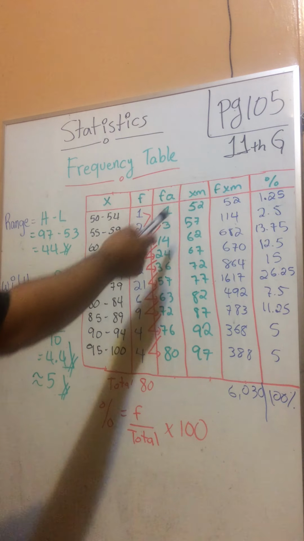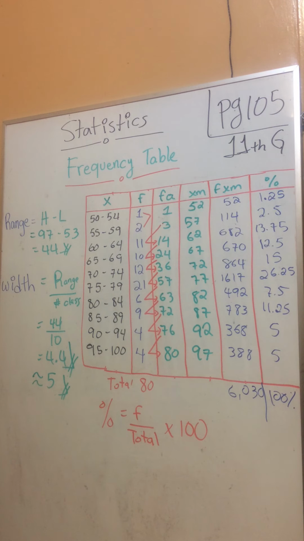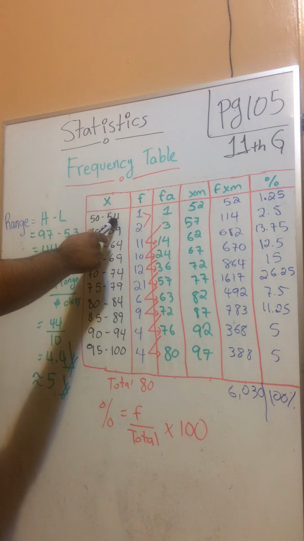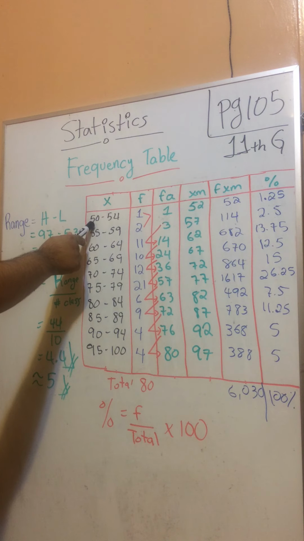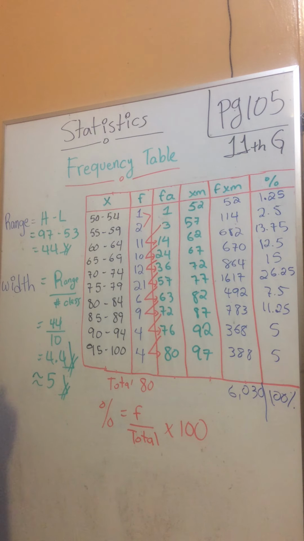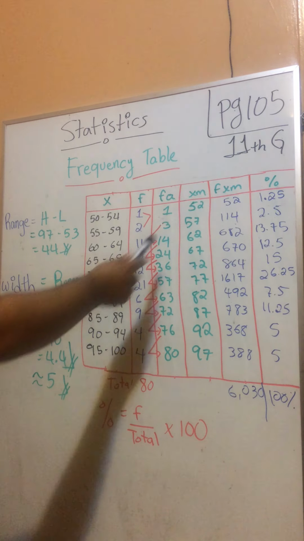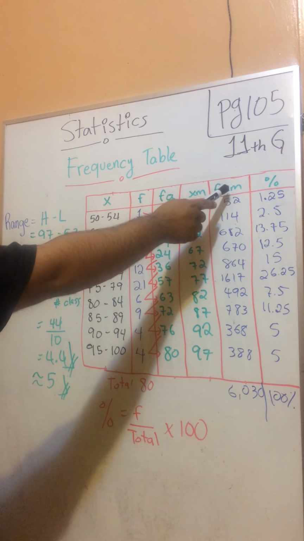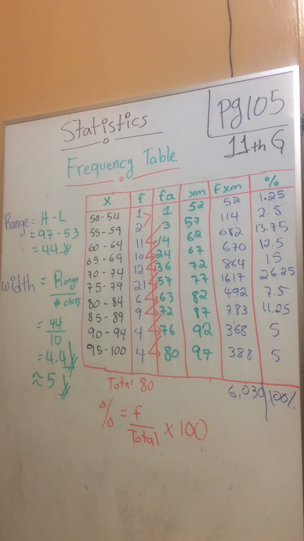Then we get the class mark. The class mark, we find it adding the highest value plus the lowest value divided by 2. We got this from the formula. Now the frequency times the class mark. This is the amount of points if we add every exam.